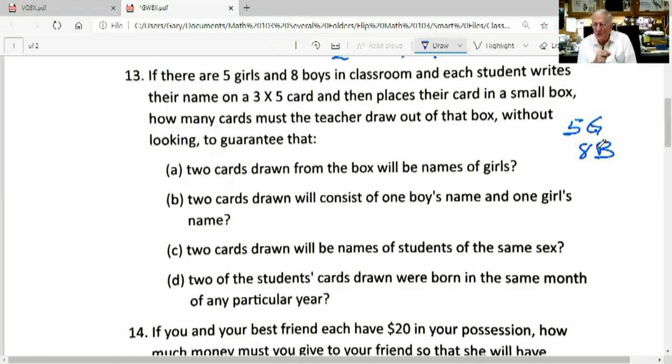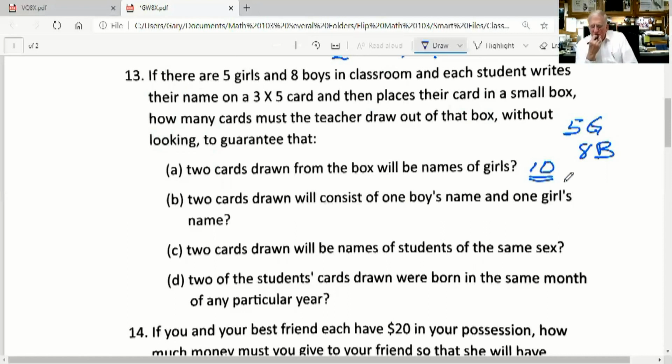So she could actually draw 8 boy cards first. Then she'd have to draw how many more cards to make sure she had 2 girls? 2 more. So if she draws out 10 cards, she definitely will have 2 girl named cards, right? So the answer to this first question is 10 cards.